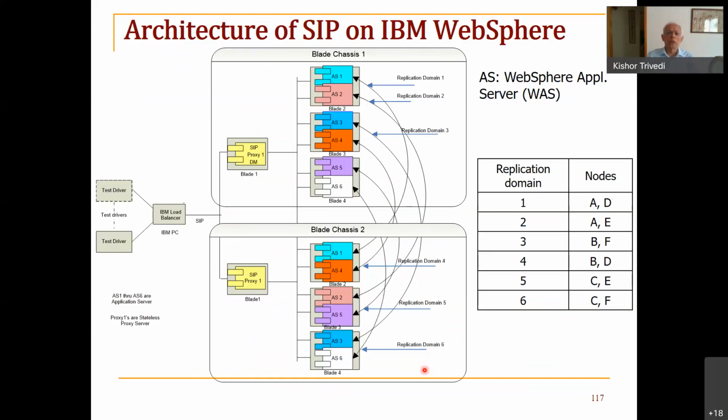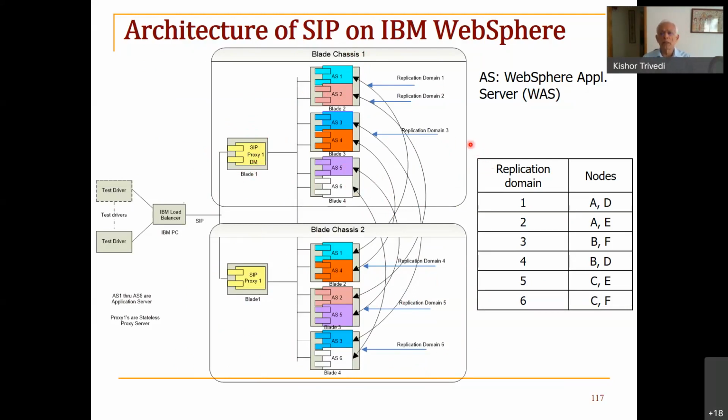And so this is the picture they gave me. And in the picture, what we find is that there are two blade center chassis, chassis 1 and chassis 2. And each blade center had 4 blades or 4 nodes, blade 1, blade 2, blade 3, blade 4. And each blade node had a Linux operating system on it.